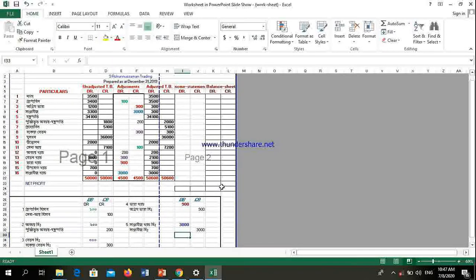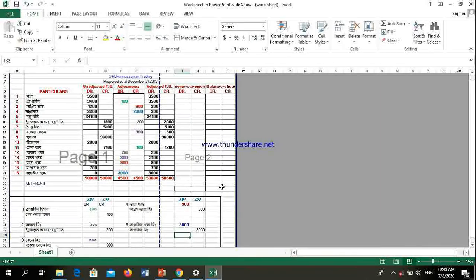Okay, now it is time to calculate the income statement. You know very well, income statement only considers loss, cost and revenue. Loss, cost and revenue. That means cost items will be treated on the debit side and revenue items will go to the credit side.